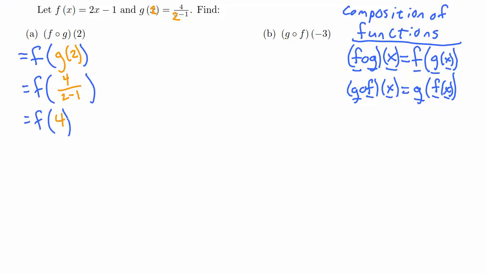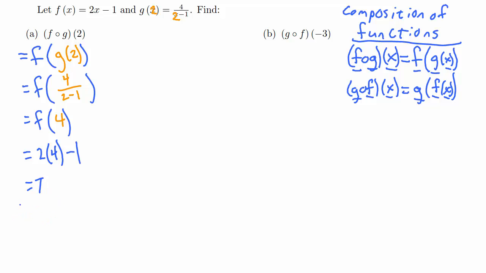Fantastic. And you already know how to do this. You just go back to the f function, and these x's are replaced with 4's. So this is going to give us 2 times 4 minus 1. And then you just simplify. 2 times 4 is 8, minus 1 is 7, last time I looked.